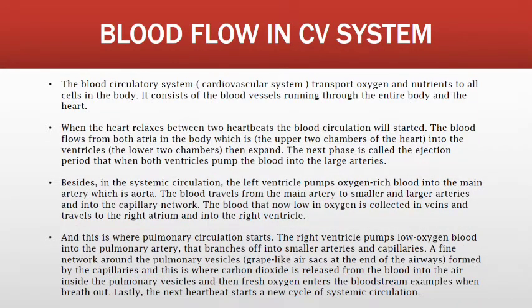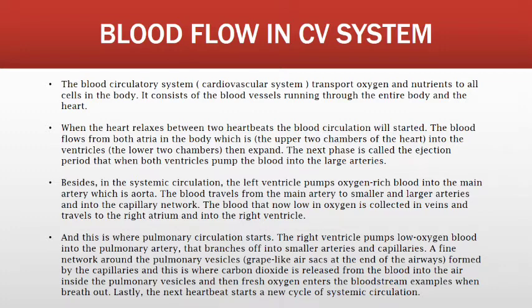Blood flow in the cardiovascular system. The blood circulatory system, the cardiovascular system, transports oxygen and nutrients to all cells in the body. It consists of the blood vessels running through the entire body and the heart. When the heart relaxes between two heartbeats, the blood circulation will start.